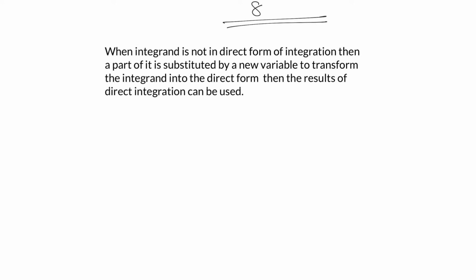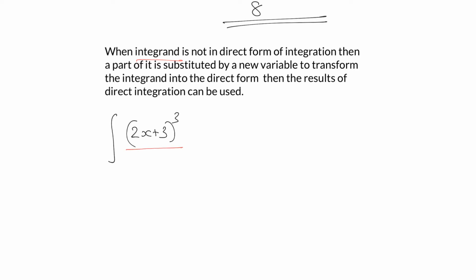Means if I'm explaining the statement based on the question that we discussed, it is integration of (2x + 3)^3. Over here this integration is not in direct form of integration. The thing that we are going to integrate is known as the integrand. So over here our integrand is (2x + 3)^3.